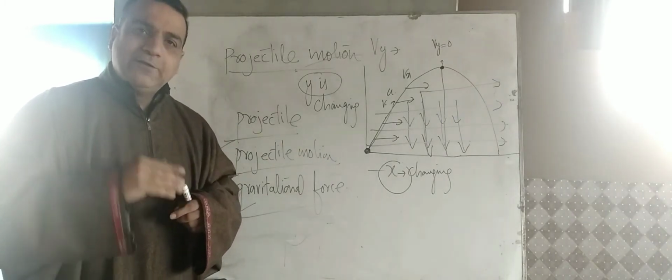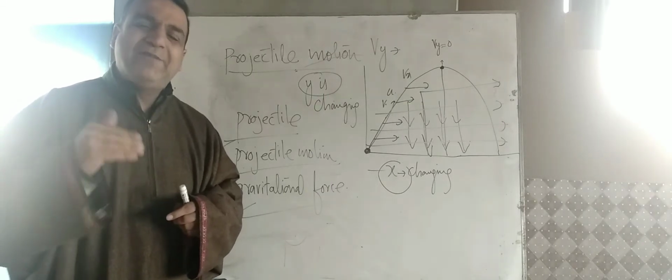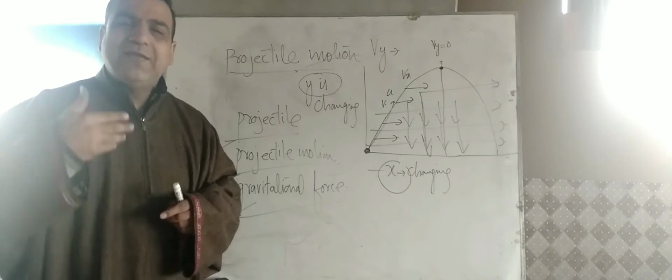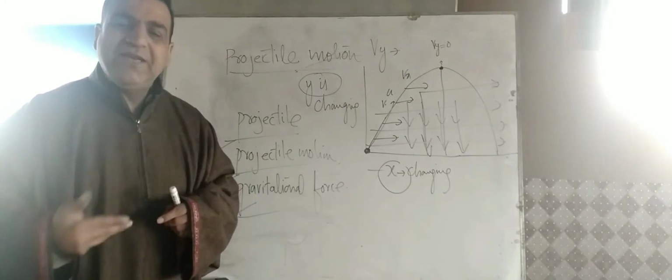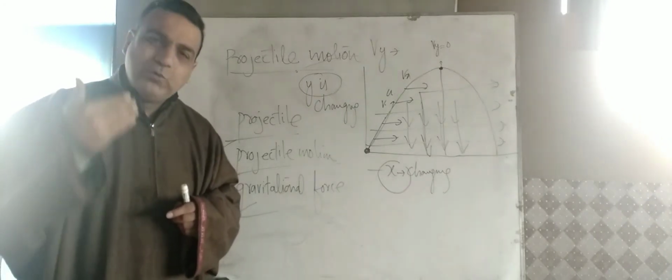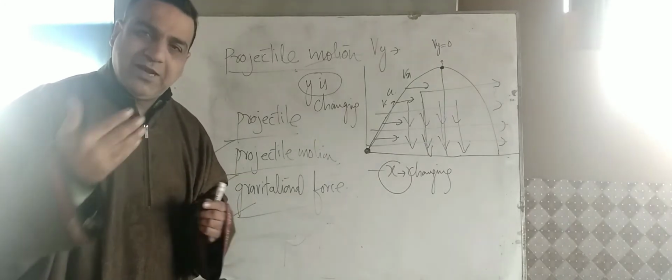So projectile motion, if I have to speak in the simplest way, I will say anything that moves under the influence of gravity alone, changing its x as well as y. The motion that has been executed by this body is called projectile motion.